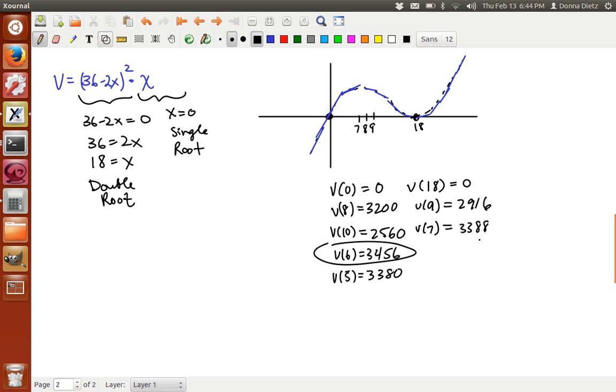Let's try, if we're at 6, maybe 6.5 could be pretty good, or 5.5, or 7.5. Okay, and it turns out 6.5 gives us 3438.9. 7.5 gives us 3307. Okay, let's try 5.5.